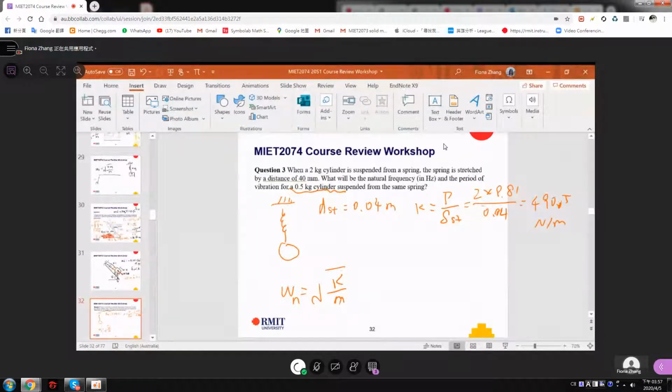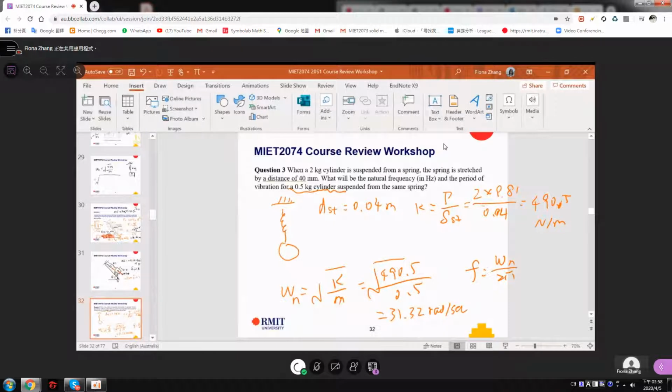This is a very simple calculation, but probably we will have multi-choice questions, then they are all simple questions. So here you have omega n, right? They ask in hertz. So f is equal to omega n over 2 pi. Here is 31.32 radians per second. Okay, right, so here you will get f.